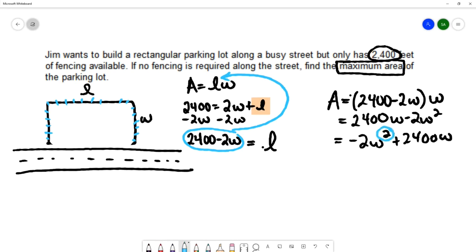But the fact that I have that squared means that I have area as a quadratic. And this is great because all quadratics have the graph of a parabola.